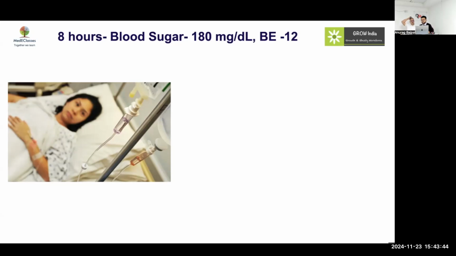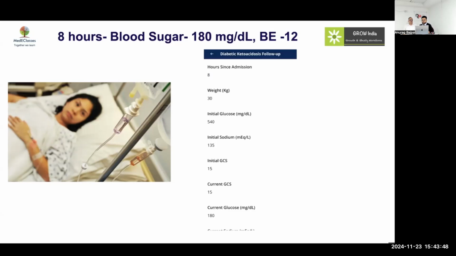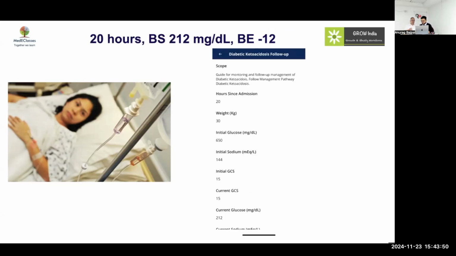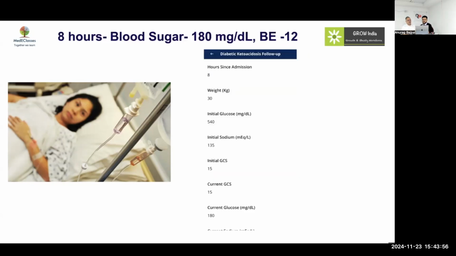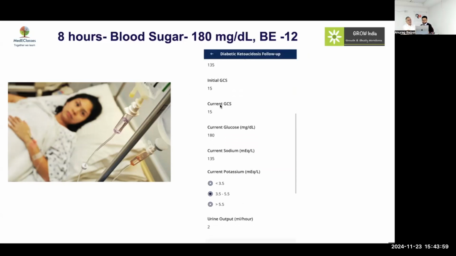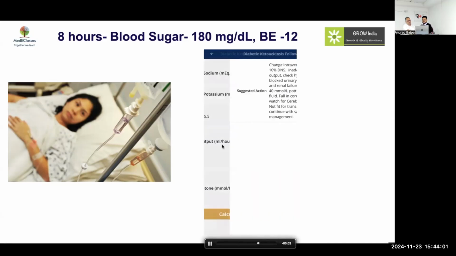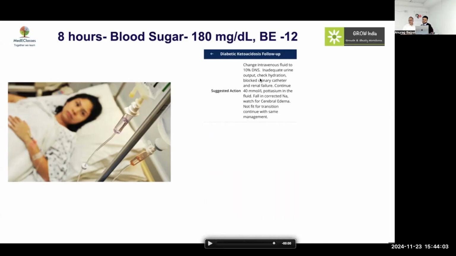Let's see how the app works. Now, this is the second scenario. So in this scenario we put in all the data, and based on this it tells you that you should add dextrose. There is inadequate urine output. So it's looking at multiple parameters.